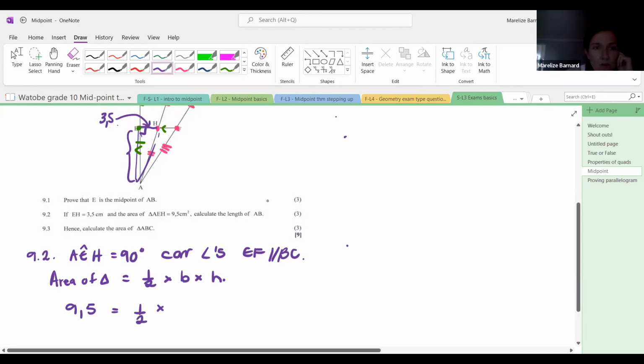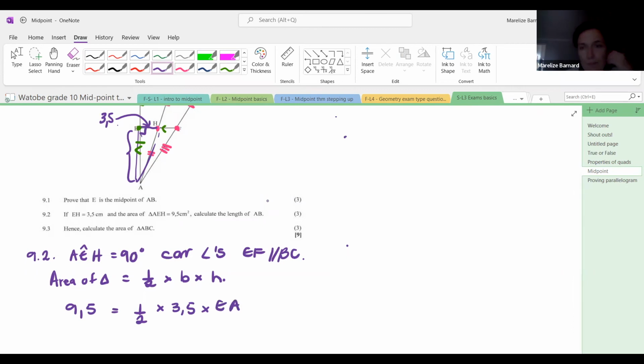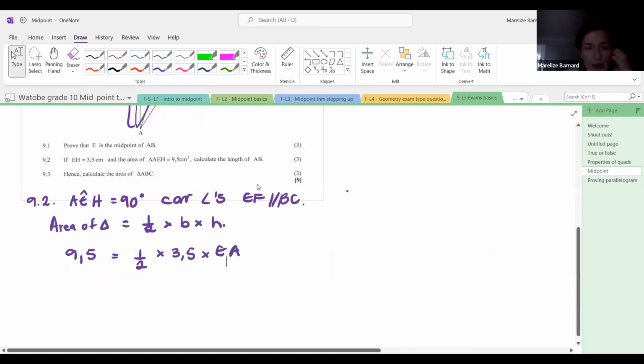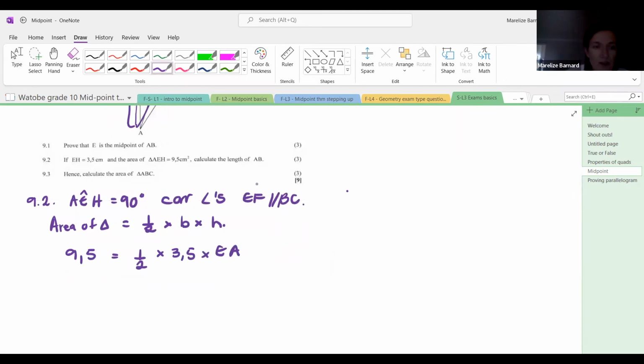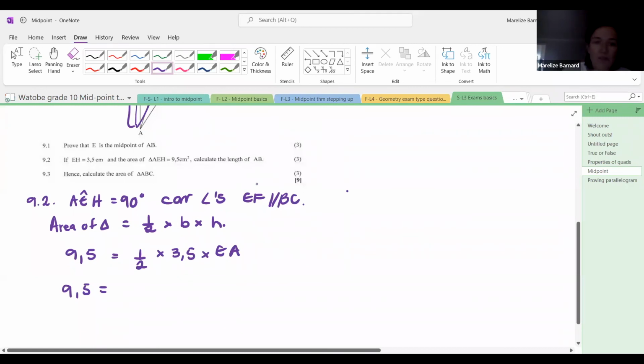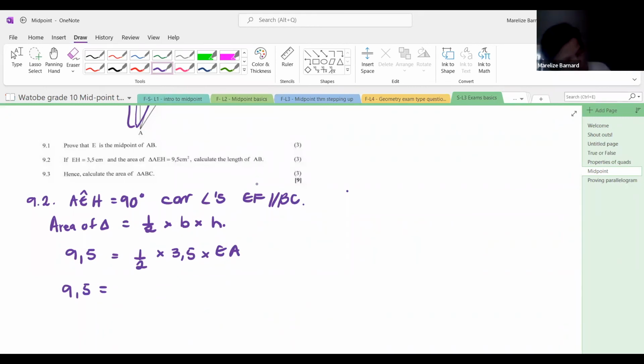Half is part of the formula, the base is given, that's 3.5, and the height is actually going to be EA. Now we're just going to solve, right?